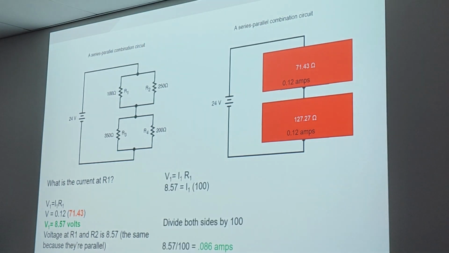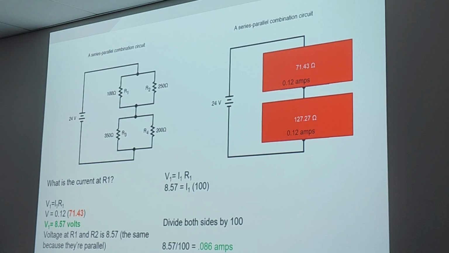So we don't have the current, so we're finding the current. In order to find the current here, you have to first find the voltage in that area, which is 8.57. Now that we know the voltage, we plug that into our formula. R1 is 100. Divide both sides by 100, and your current is 0.86 amps. What is the current here?